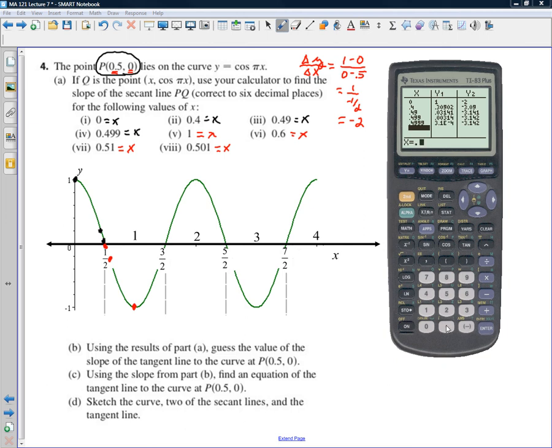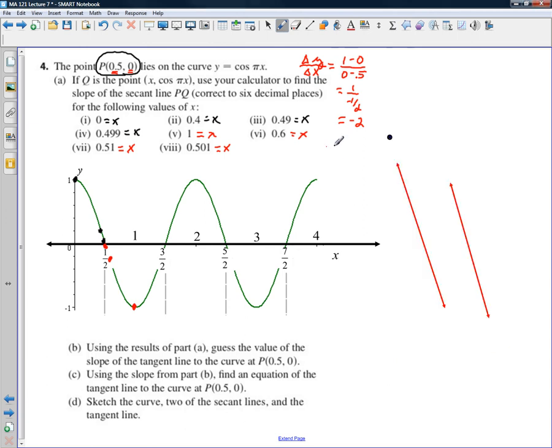But the minute we put in 0.5, we're going to get an error, because remember, in our calculation, it was our calculated y. Let me go back here a moment to capture that idea. We took our calculated y, which was y sub 1, this formula, and we subtracted 0, and in the denominator we said x minus 0.5.